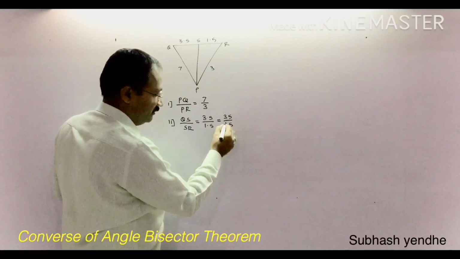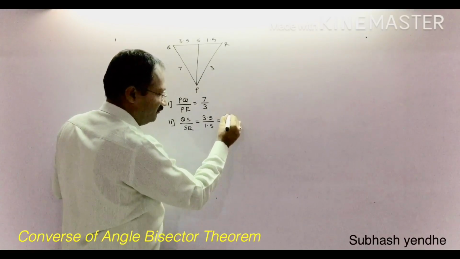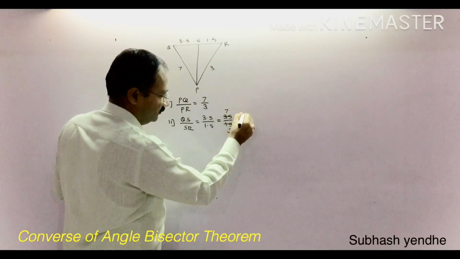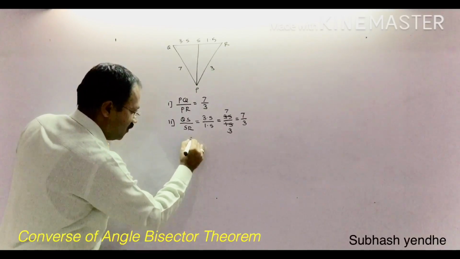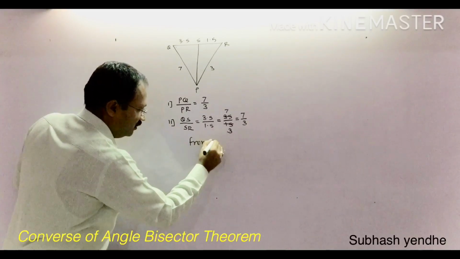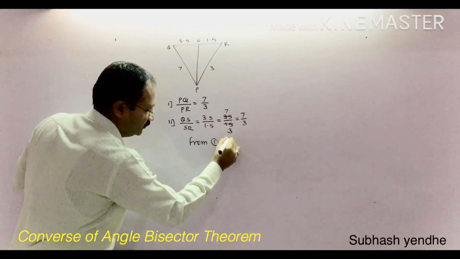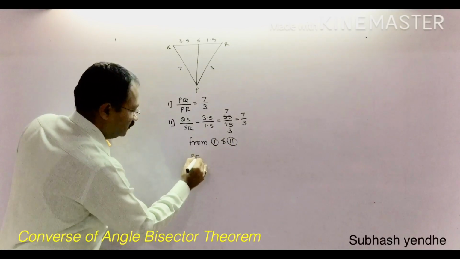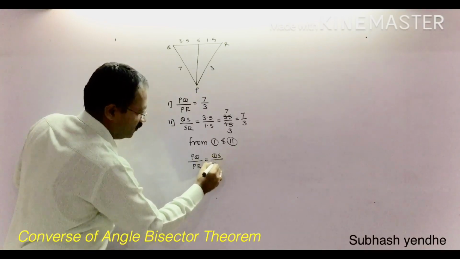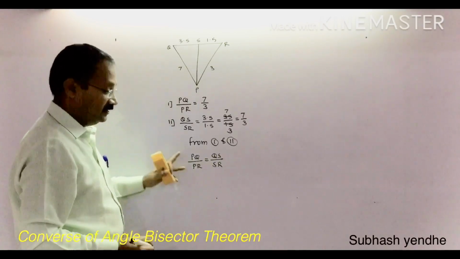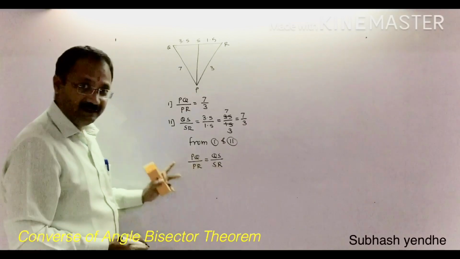So 5 threes are 15, 5 sevens are 35. So the ratio is 7 upon 3. So from equations 1 and 2, we get PQ upon PR equals QS upon SR. Therefore, this ratio is the same.